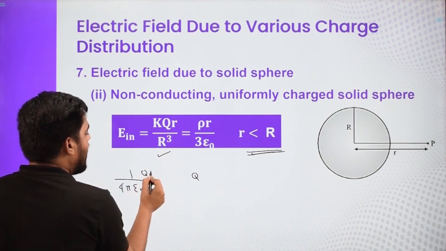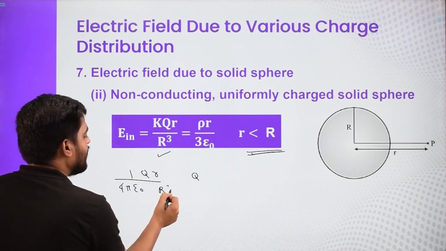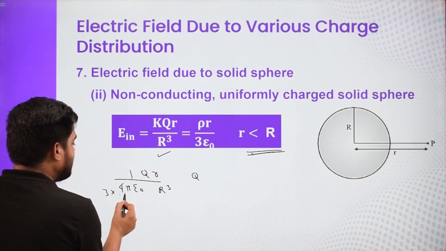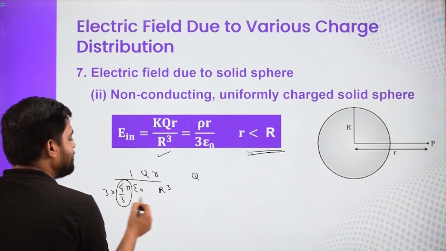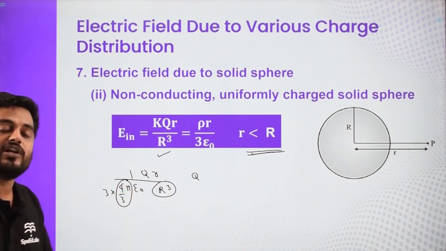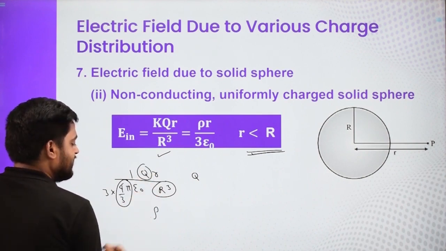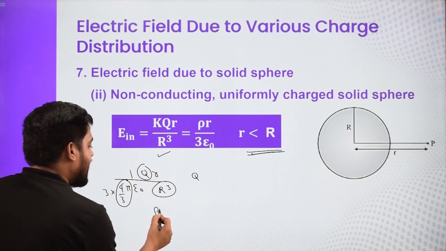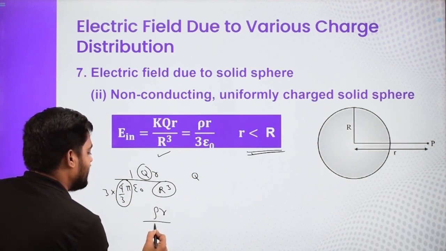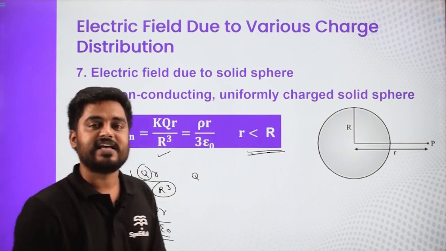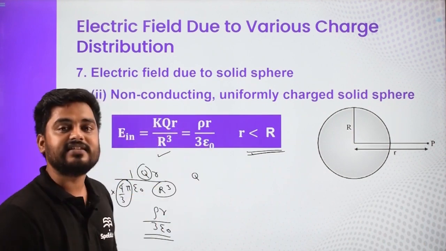This is Q, R and R cube. What I am going to do is multiply and divide with this 4 by 3 pi R cube. What is that? That is the volume. So total charge upon total volume is nothing but density, volume charge density, and R divided by 3 epsilon naught. So it can also be written as rho R by 3 epsilon naught. That is another way to represent the same thing.